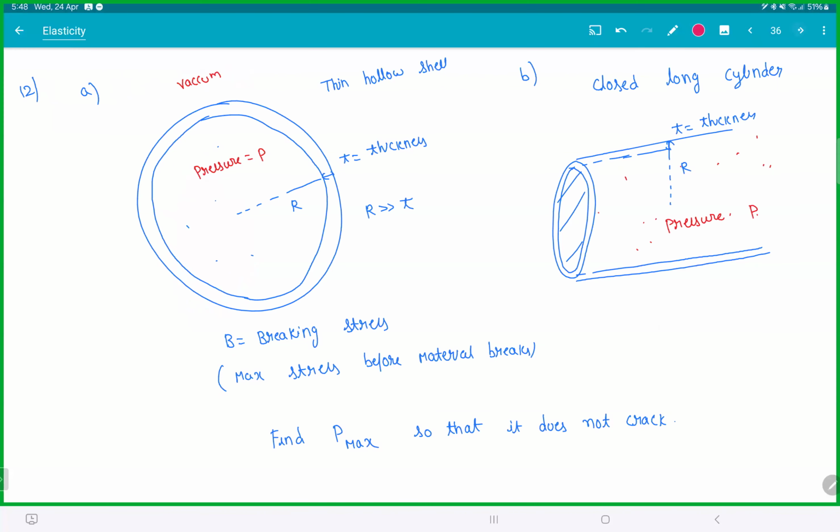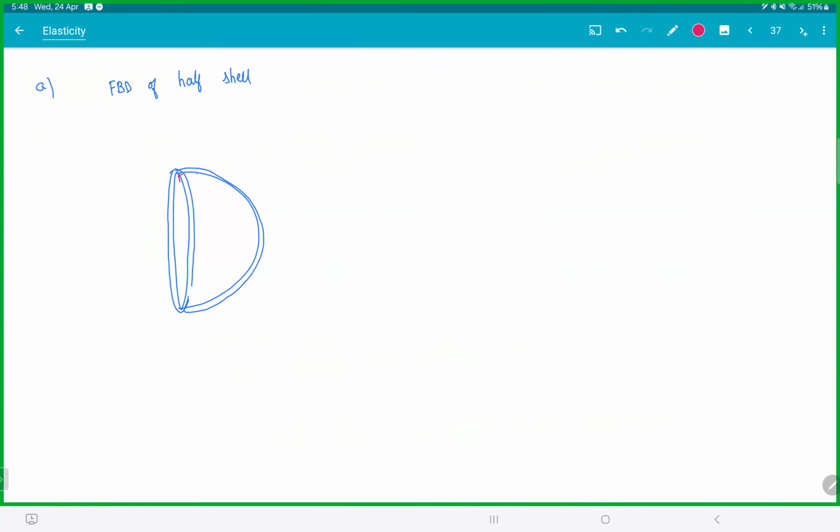Outside is vacuum, so from inside, the pressure is pushing it up. This force would be pressure into projected area, pi r square. Remember, it's not P into 2 pi r square. You cannot add it directly. You have to do the projected area, which is P into pi r square.